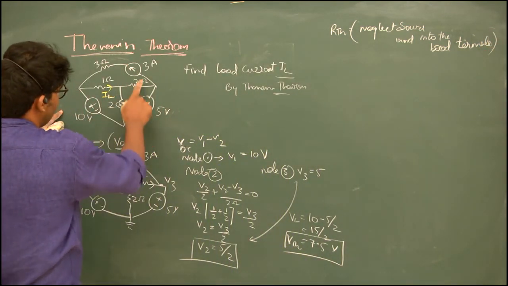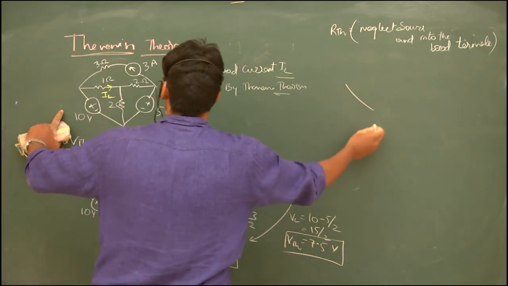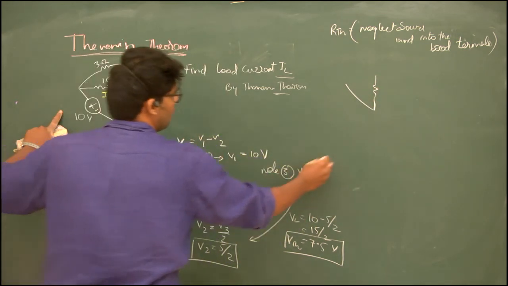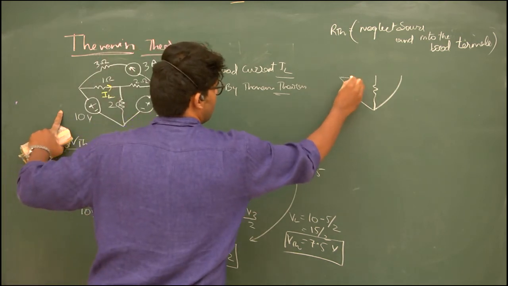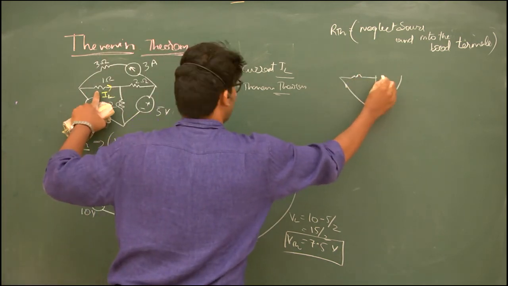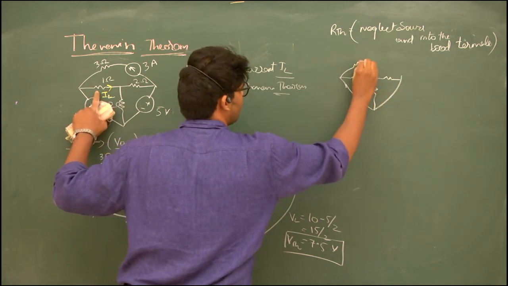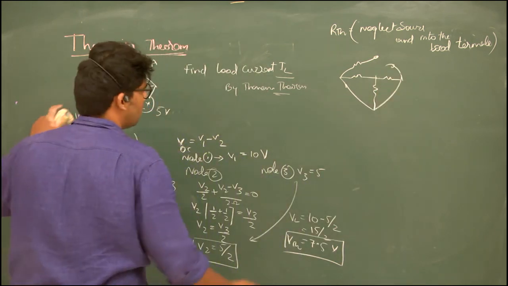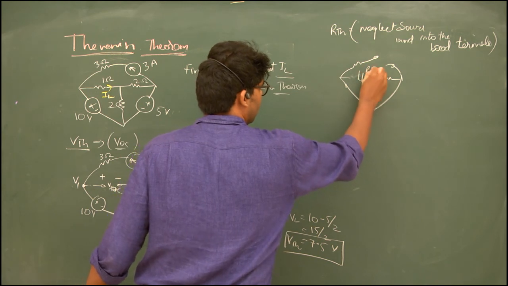We have to nullify the sources. To nullify a voltage source, we simply short that and keep the resistance here. And to nullify the 5 volts, we'll short this. This is the resistance 1 ohm, and this is also resistance 2 ohm. And to nullify this current source, we open that. We have to look into that load terminal, that is R Thevenin.